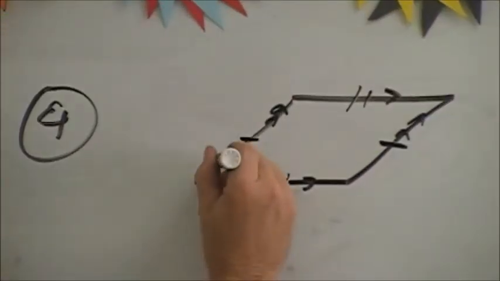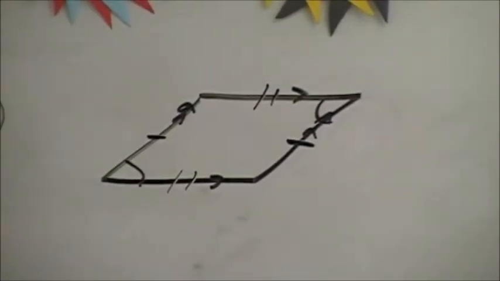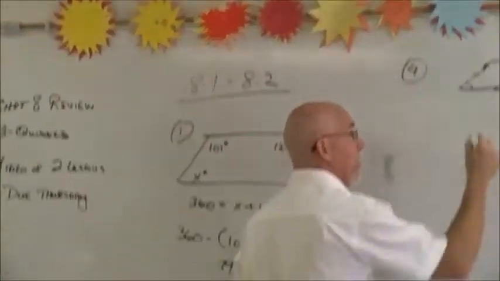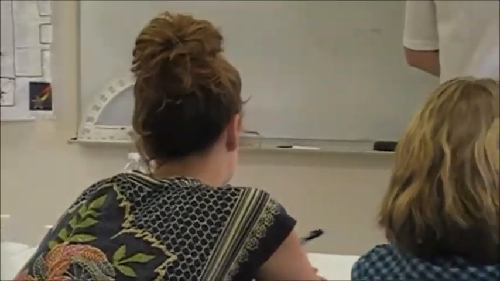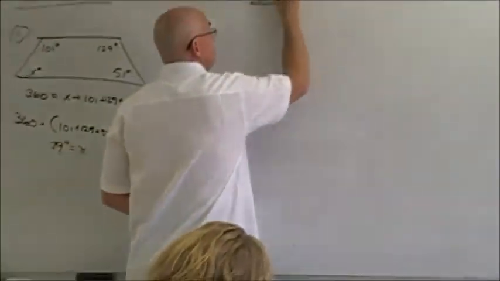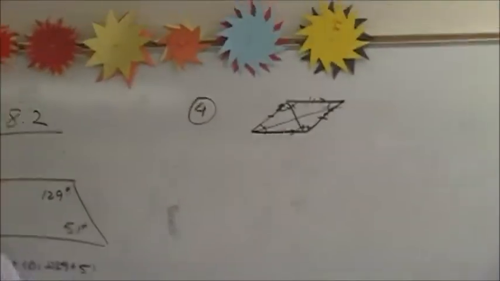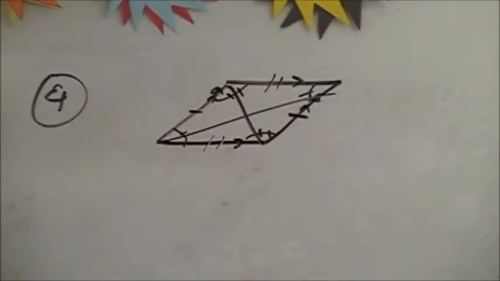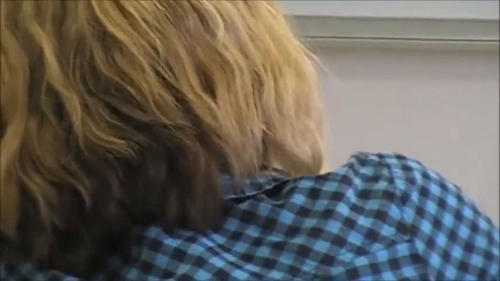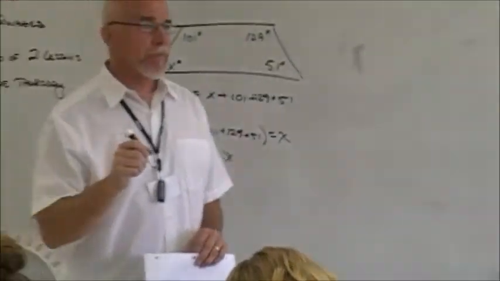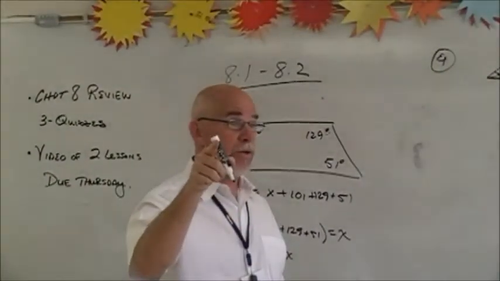What about opposite angles? They're the same measure, congruent. What did you learn about diagonals of parallelograms? They bisect each other, okay? So those are things you should capture in your notes as you're reviewing this, written on the side of your test so that you can remember them. Or you can look at this video if we do get it saved.